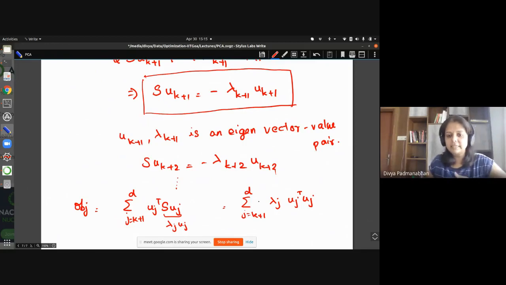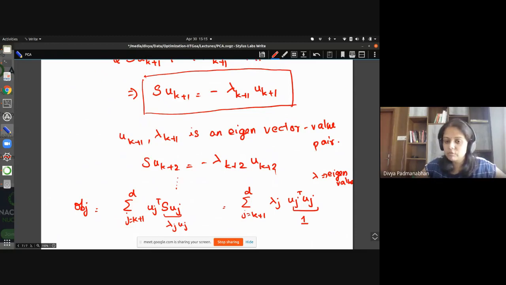I'm just ignoring the negative, or you can keep it also. The idea is you want this objective to be as low as possible, where lambdas are the eigenvalues and u_j is the eigenvector, and you can choose eigenvectors with unit norm, so this value is 1.